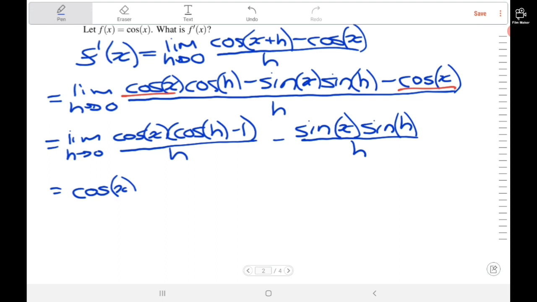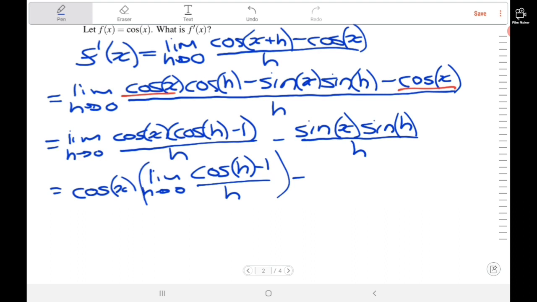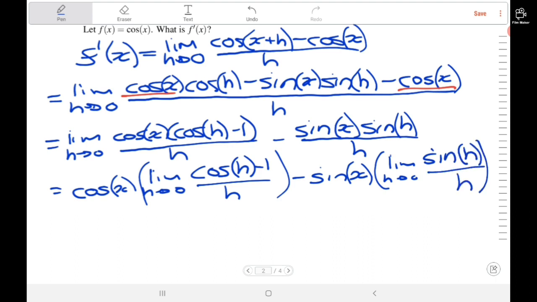cosine of x times the limit as h goes to 0 of cosine of h minus 1 over h, minus sine of x times the limit as h goes to 0 of sine of h over h.